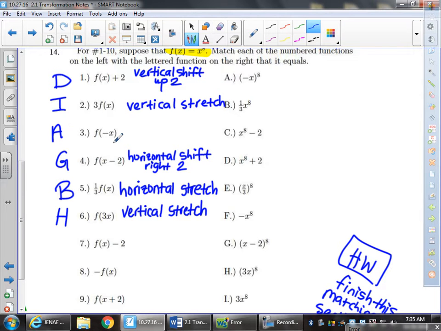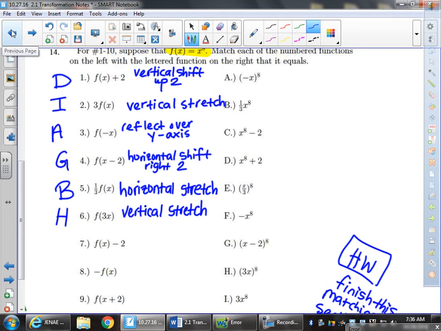Pay attention to the location of the negative sign. The negative sign is on the inside. So are you reflecting over the x-axis or the y-axis? The y-axis. Reflect over y-axis.